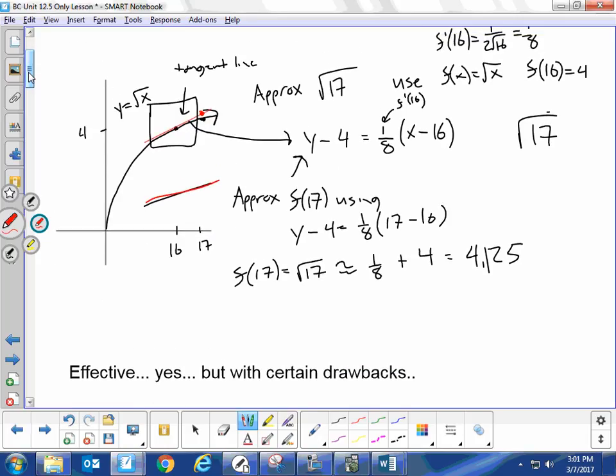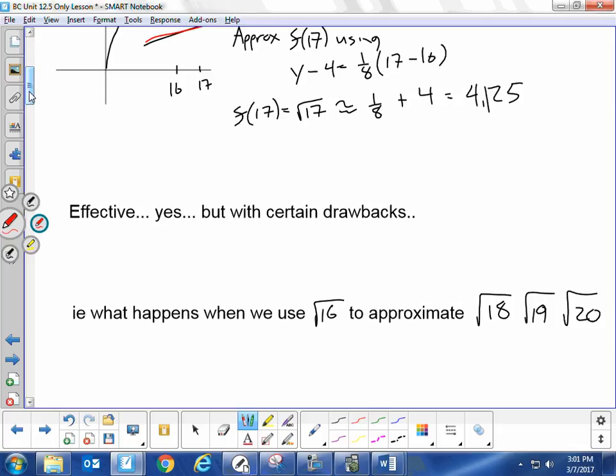But it's got some drawbacks. What happens if we use the square root of 16 to approximate the square root of 18, or the square root of 19, or the square root of 20, using a tangent line? Discuss with your neighbors.